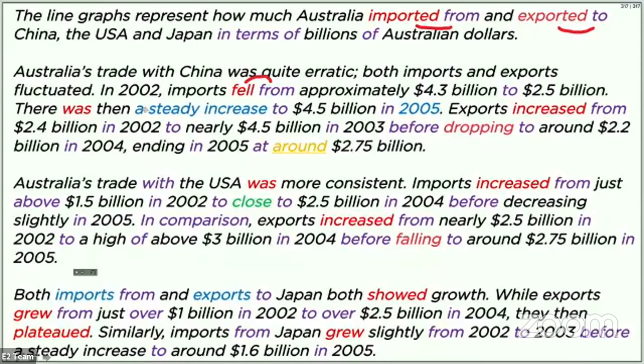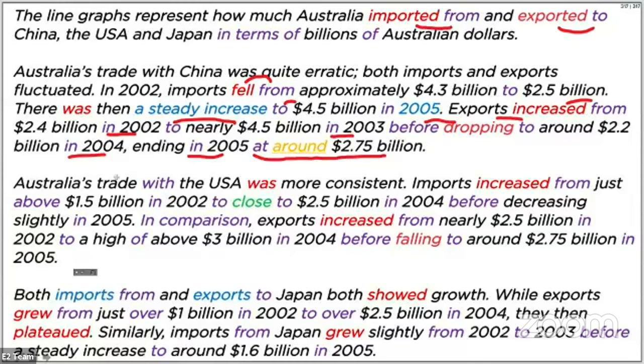A steady increase to a number, increased from. In 2002 to nearly $4.5 billion. In 2003, before dropping to, there's a phrase, in 2005, in 2004, at around $2.75 billion.